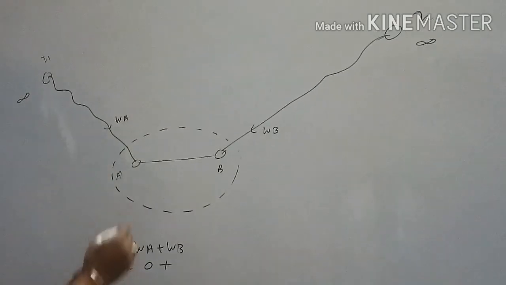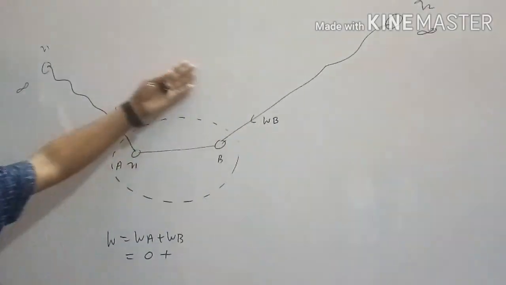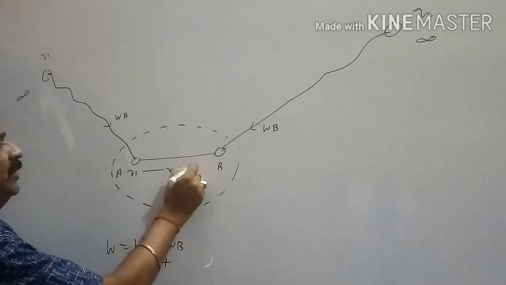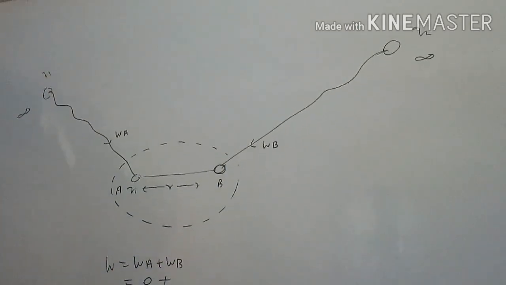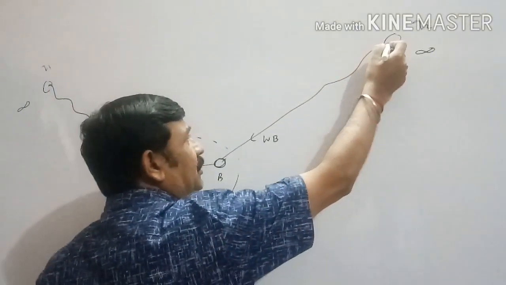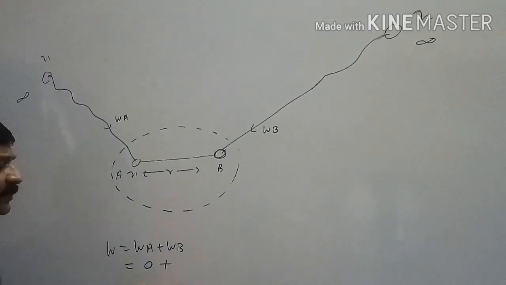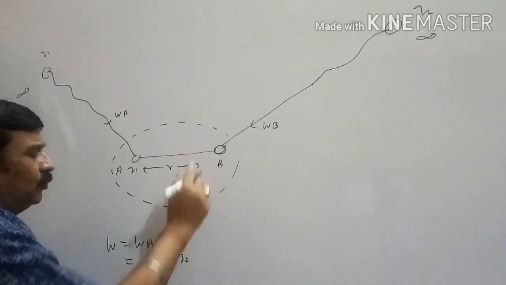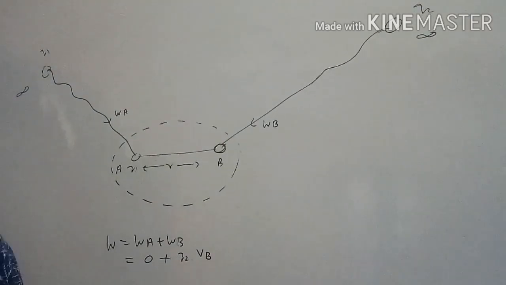But now as soon as the Q1 charge is kept here, this charge will create its own electric field region. So it will produce some potential at point B also. So when the Q2 charge is shifted from infinity to point B, the work done which we will do is equal to the charge to be shifted into potential at B, according to the definition of potential.